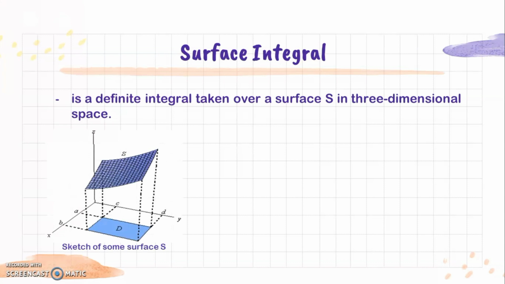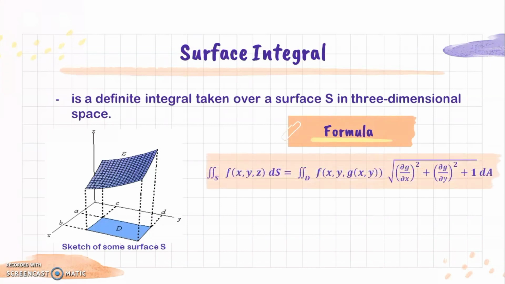Now, how we evaluate the surface integral will depend upon how the surface is given to us. There are essentially two separate methods here, although as we will see, they are really the same. So here is the first method or formula.